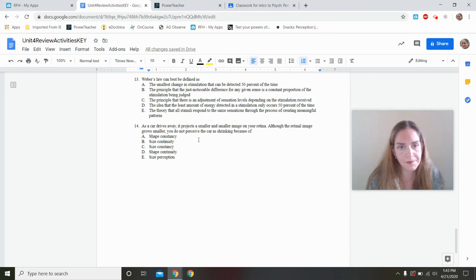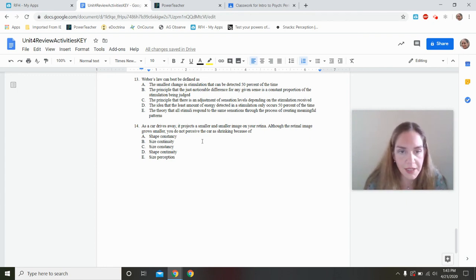It's beautiful. All right, so Weber's law comes back. Is it the smallest change in stimulation that can be detected 50% of the time? No, that's just the just noticeable difference or the difference threshold. Is it the principle that the JND for any given sense is a constant proportion of the stimulation being judged? That sounds really good. The principle that there's an adjustment of sensation levels depending on the stimulation received?